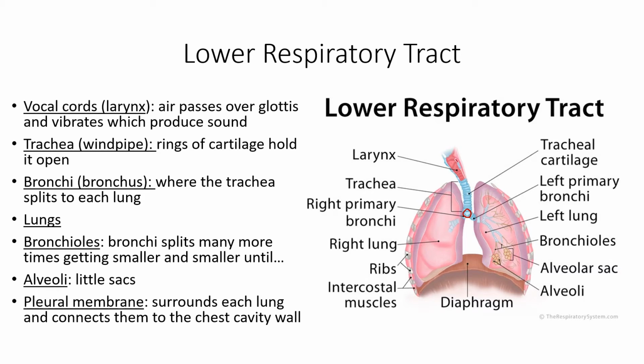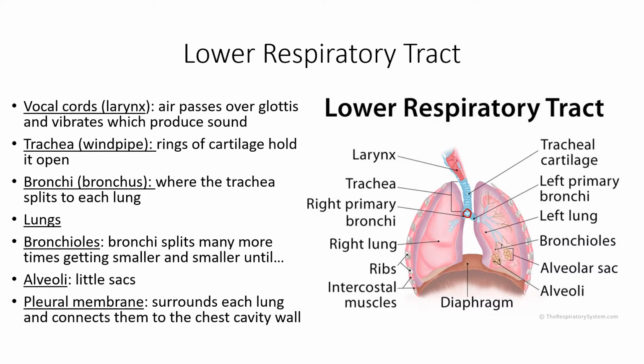From the primary bronchi, we are going to split into the right and left lungs, where our bronchi are then going to get smaller and turn into bronchioles. The bronchioles are just smaller, branching structures from our bronchi, where they are going to end in something called alveoli.